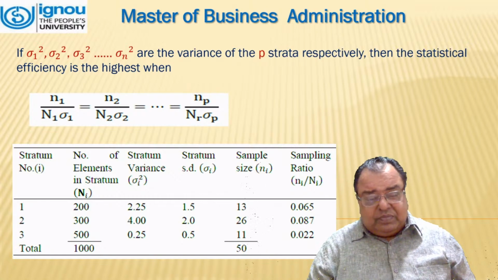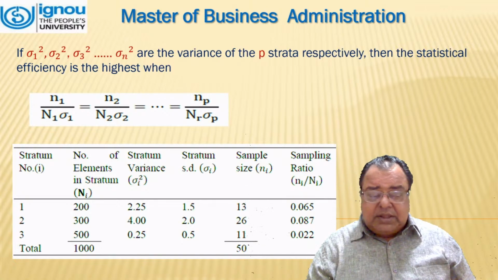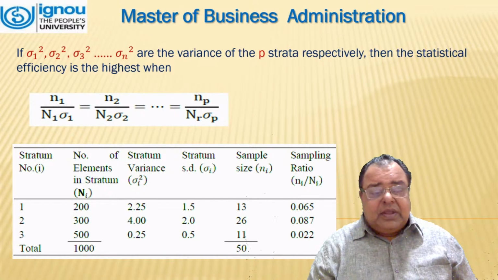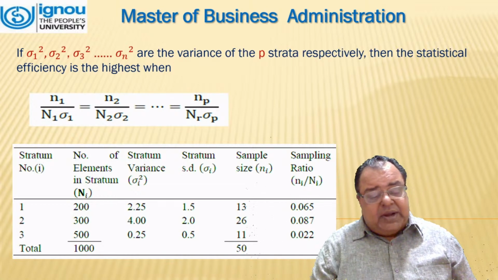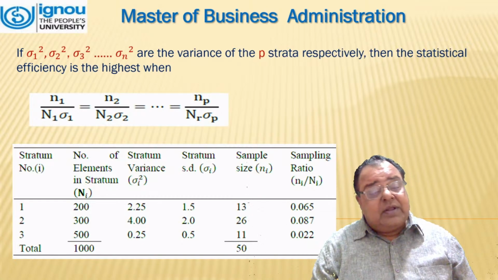Now, the same data is being taken, and there are three strata 1, 2, 3. Number of elements of each stratum is 200, 300, 500. Stratum variance is 2.25, 4, and 0.25.